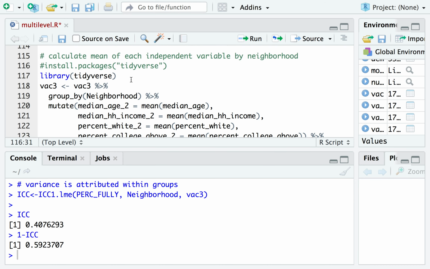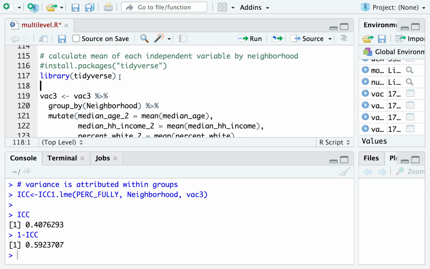One thing I forgot to load is dplyr, because I'm also using functions like this. Let me call both tidyverse and dplyr.